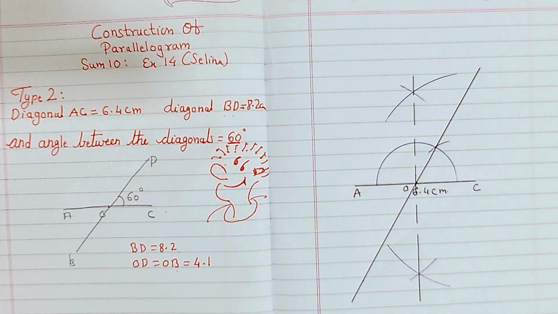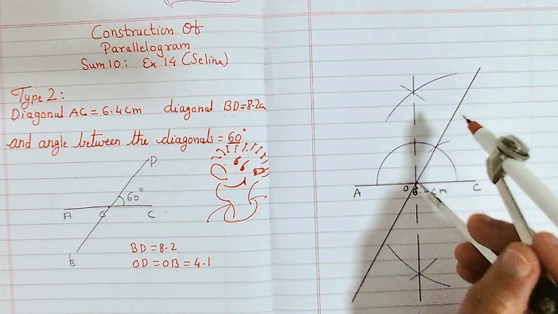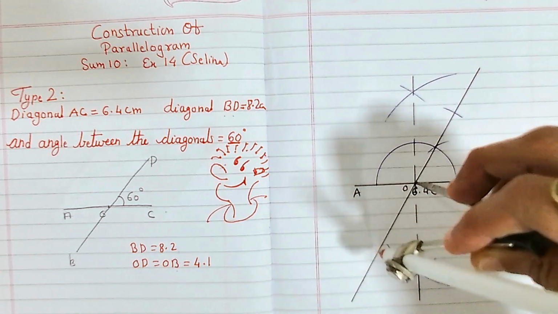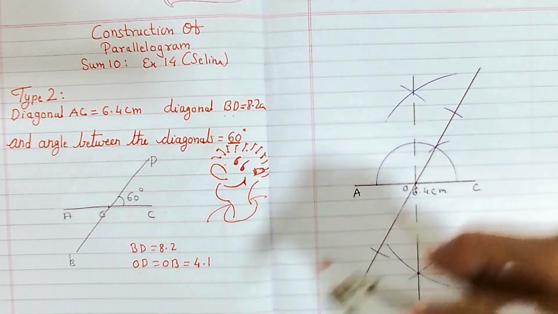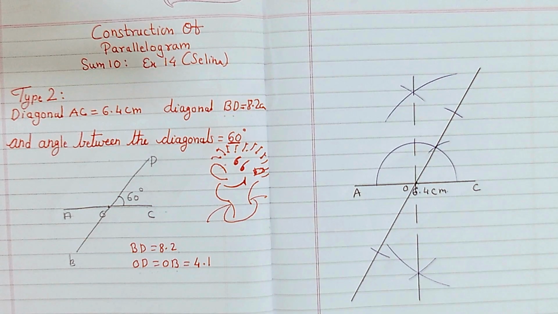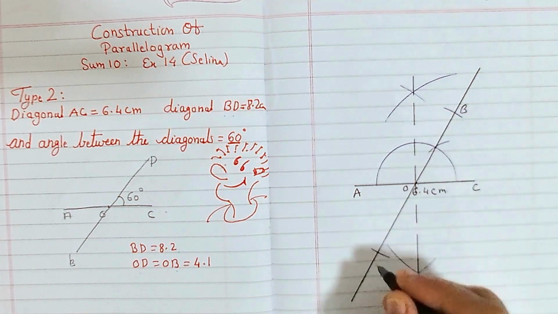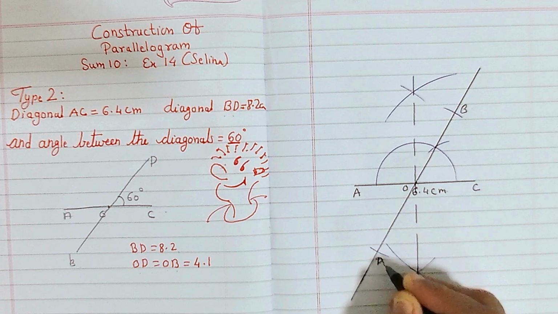Taking O as a center, we will locate B and D. I have taken the measurement as 4.1. Cut an arc here and cut an arc here. So here is point B and here it is point D.